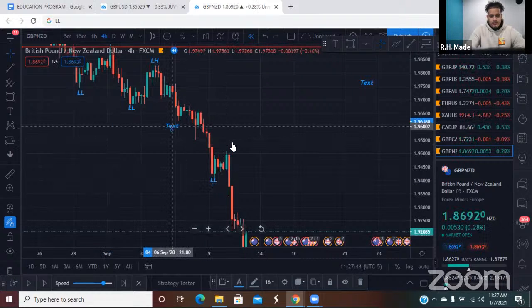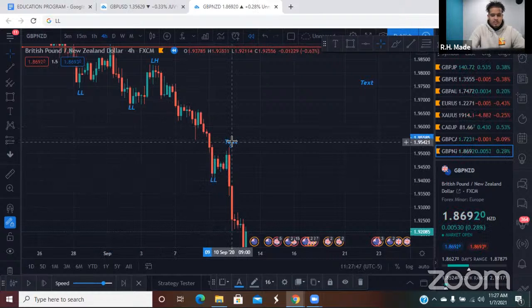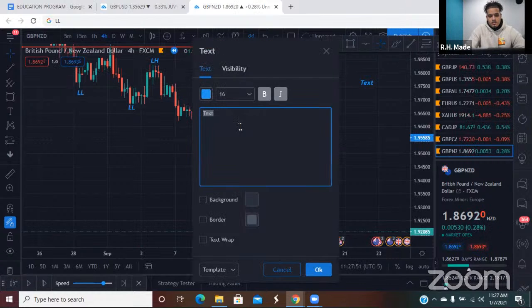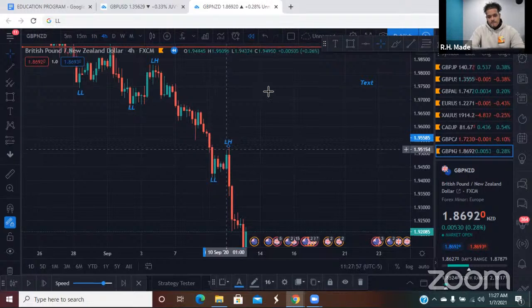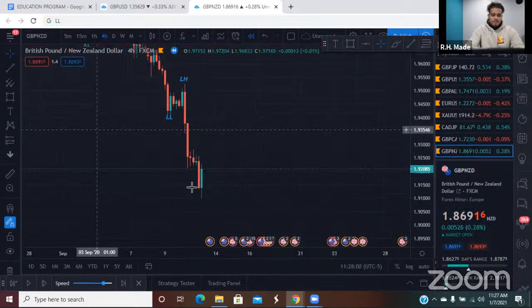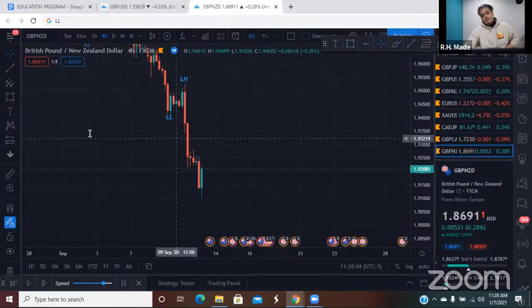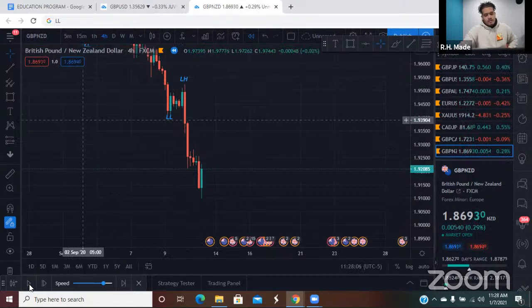Market comes up a little tiny bit, still your lower high. At this point in the market, this is your lowest high. As the market keeps going, continuing to form lower lows and lower highs, indicating to you that you are on a downtrend.